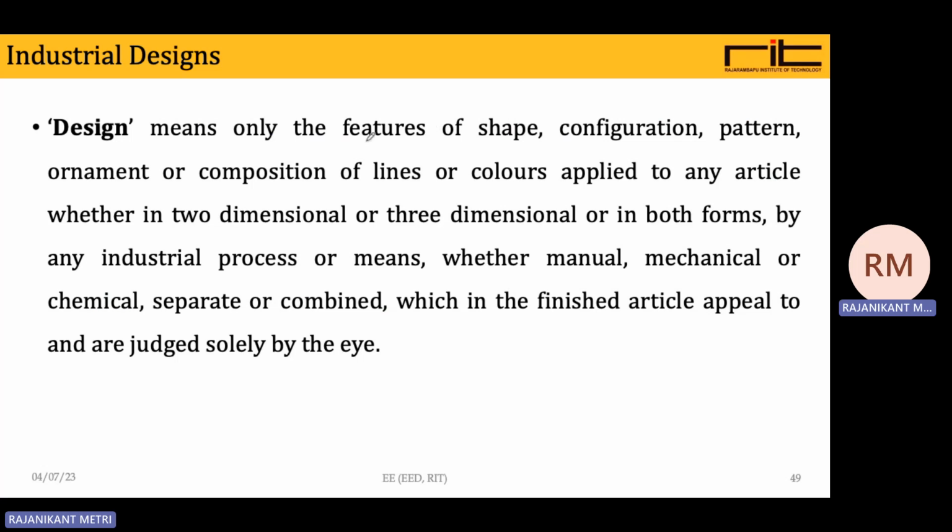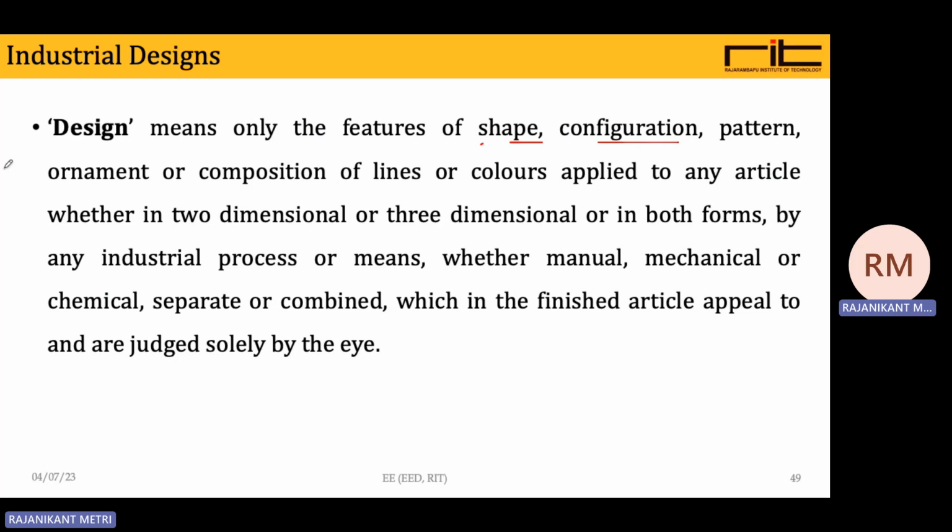Design means only the features of shape, configuration, pattern, ornament or composition of lines or colors applied to any article, whether in two-dimensional, three-dimensional, or both forms, by any industrial process or means, whether developed manually, automatically, mechanically or using chemical processes, separate or combined, and which in the finished article appeal to and are judged solely by the eye. So such things we call design.